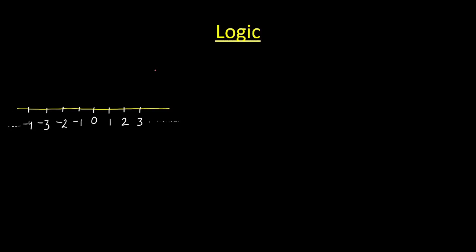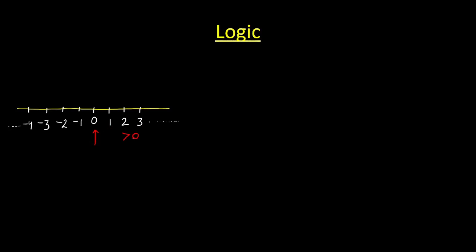Now, if somebody gives you one number and asks, please tell me whether this number is positive, negative or 0, how does your brain answer that question? If you closely observe this number line where I have mentioned all the numbers, all the numbers which are greater than 0, like 1, 2, 3, are positive numbers.